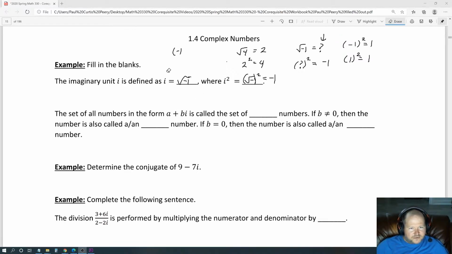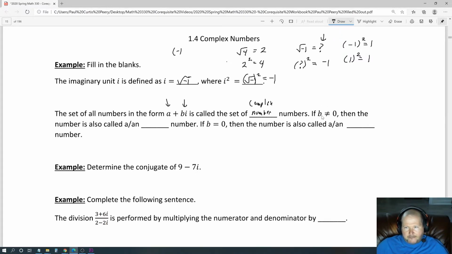So the set of numbers in the form of a plus bi is called the set of complex numbers. And this is basically saying we have the real component and the imaginary component, which makes it a complex number.